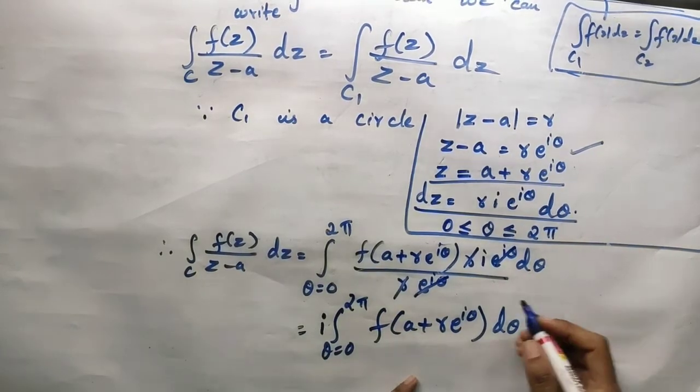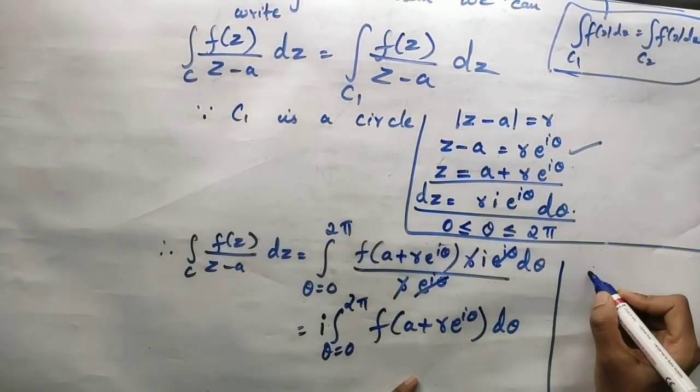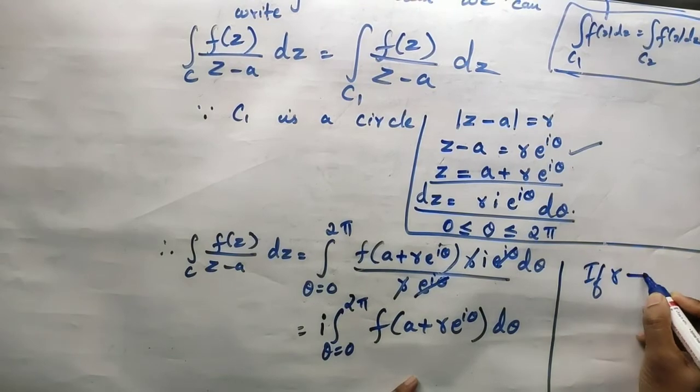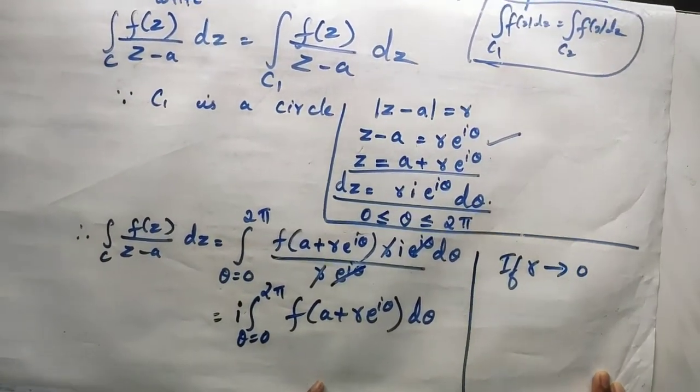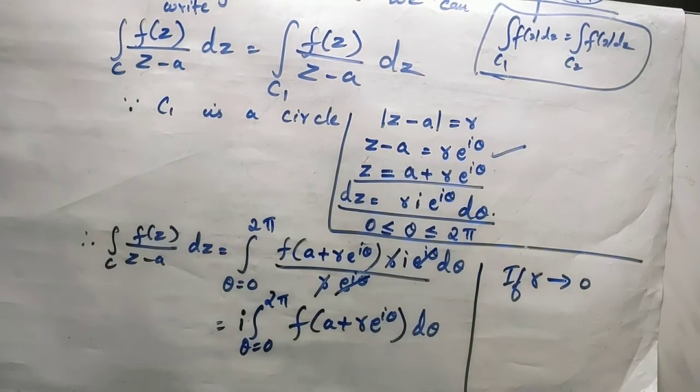Now, if r tends to 0, that is, we are considering a very small circle enclosing the point a. I hope it is clear to you. You can imagine a point circle also.